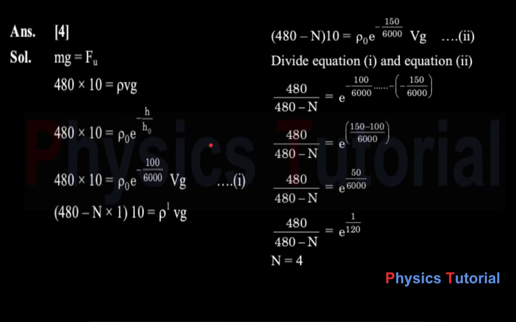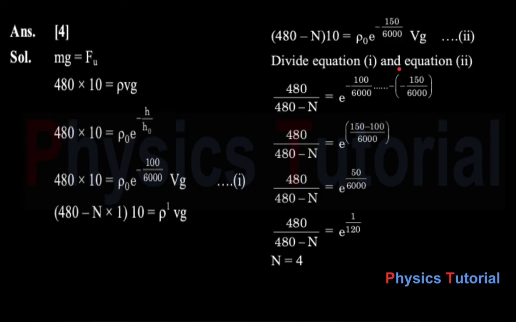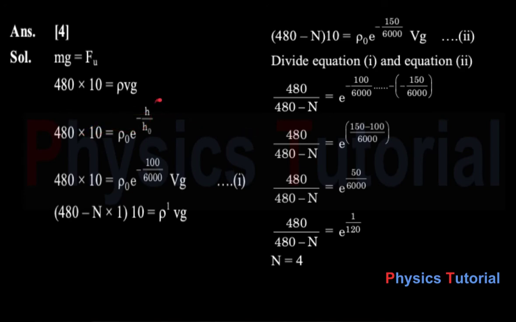Okay, so you see here, mg equals the buoyant force. As the value of m here was 480 kilogram, and the sandbags are 1 kg each, we'll use that later on. So 480 into 10, g was 10, the rho gV you can find, and rho equals rho naught e to the power minus h by h naught.